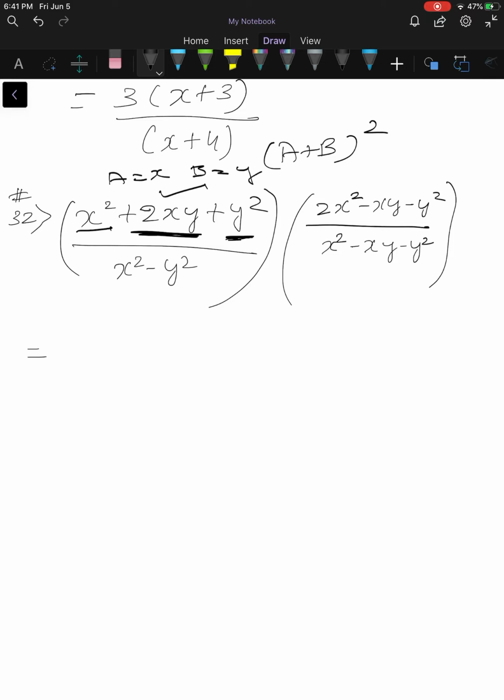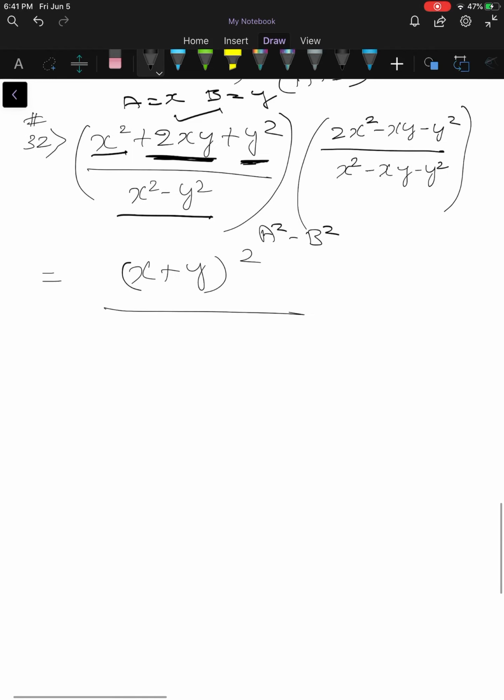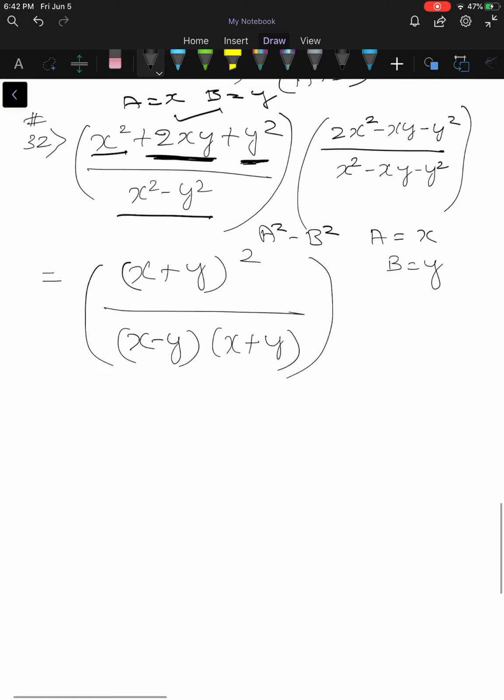That will give us x plus y the whole square. And the denominator is of the form a square minus b square. Apply the special product formula for a being x and b being y. You will get it to be x minus y times x plus y.